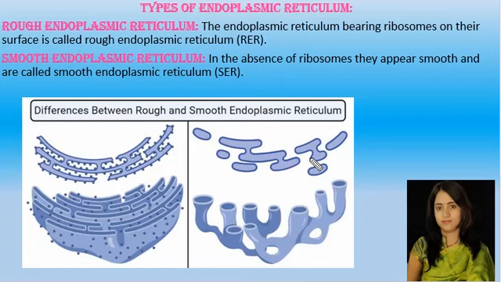Then what is cisternae? It can be asked for 1 mark, so you should be in a position to write it, then expand RER and SER, and write the differences between rough and smooth endoplasmic reticulum.